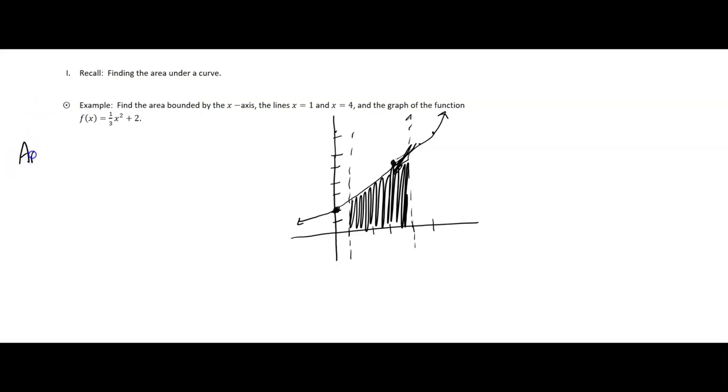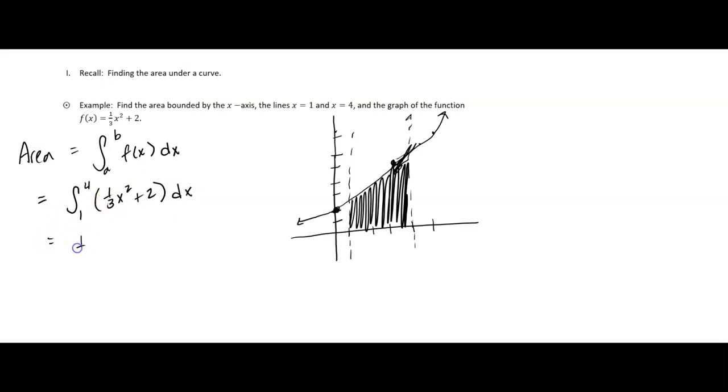So the area, of course, is going to be the integral from a to b of f of x with respect to x. That would be the integral from 1 to 4 of 1/3 x squared plus 2 with respect to x.